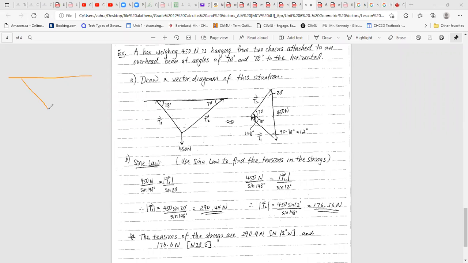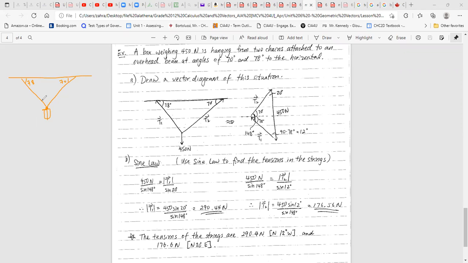We have two ropes attached to each other like that, then you have an object hanging here. Of course, there is going to be an angle between them. Here is 78, and the angle this one makes with the ceiling is 70.